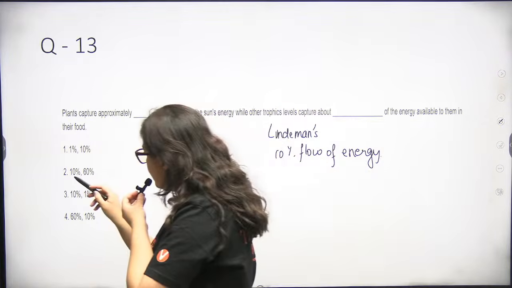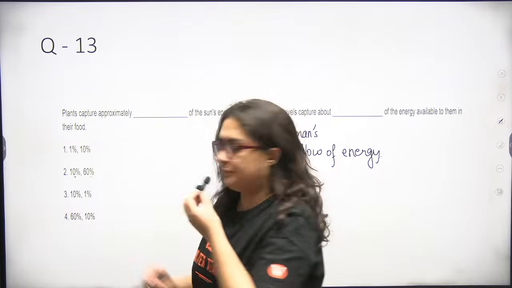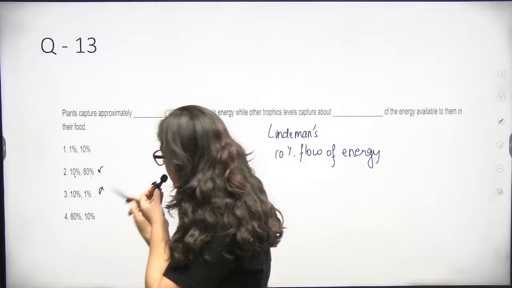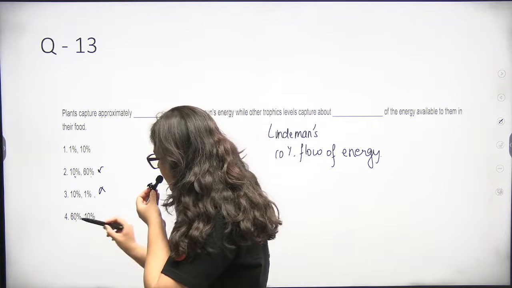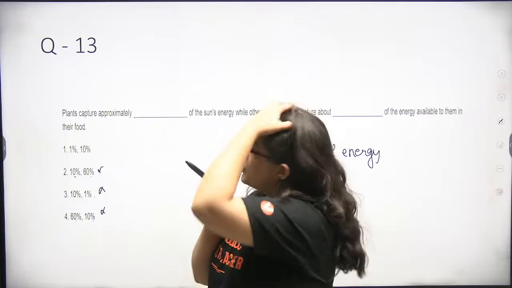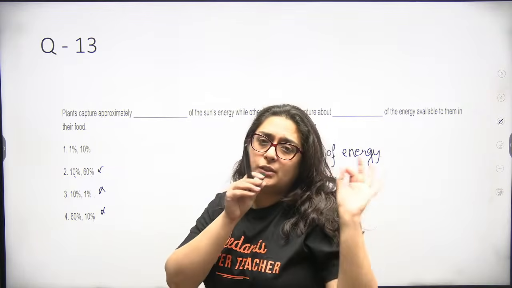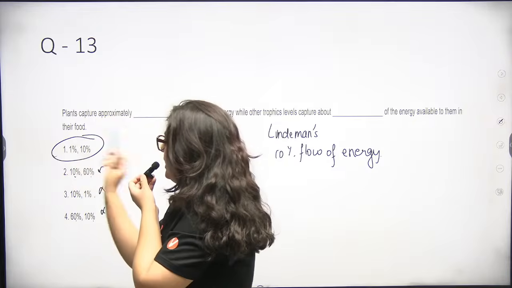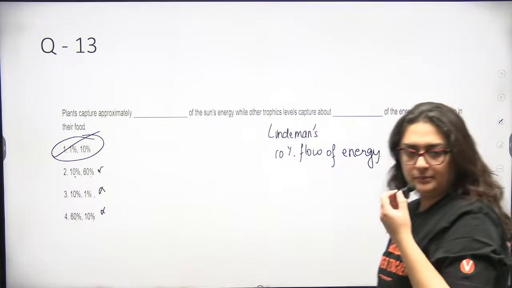Capturing 10%, transferring 60%, not at all. Capturing 10%, transferring 1%, not at all. Trapping 60%, transferring 10%, wrong. So trapping 1% of only solar energy and transferring 10%. Okay, done.